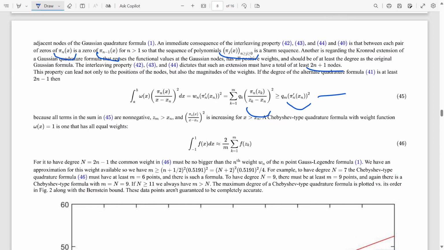So that means that Qm, the last weight of the alternative formula, must be less than Wn, the last weight of the Gaussian formula.